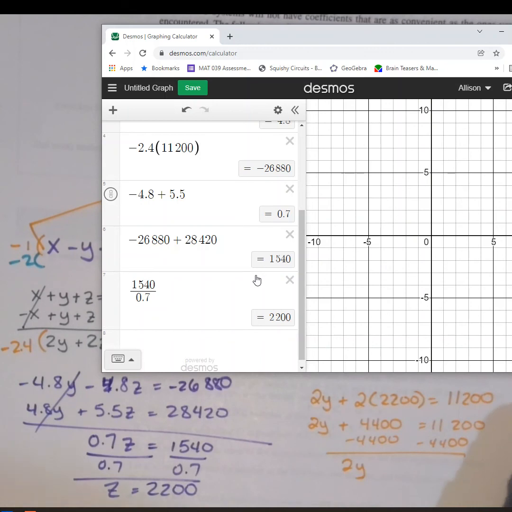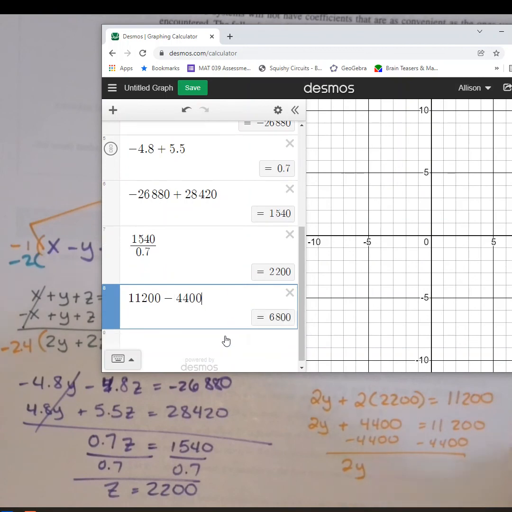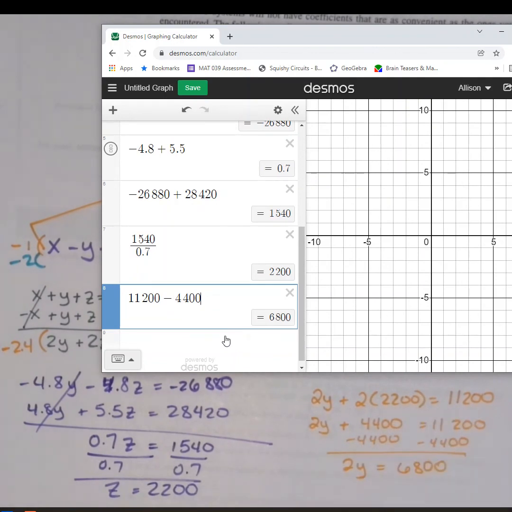If we do 11,200 and we subtract off the 4,400, it's going to give us 6,800, and we can divide both sides by 2. So that's going to give us 3,400.